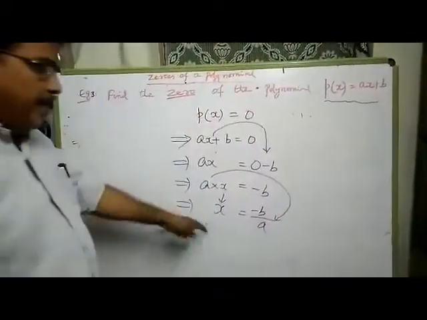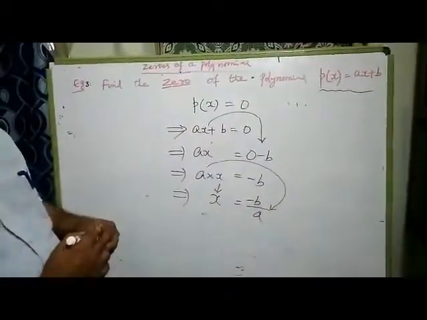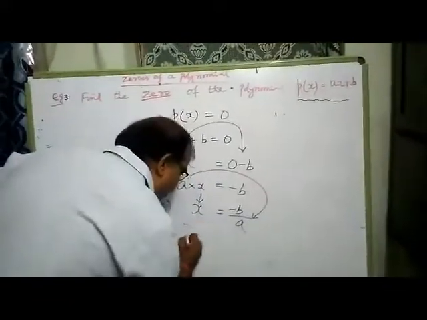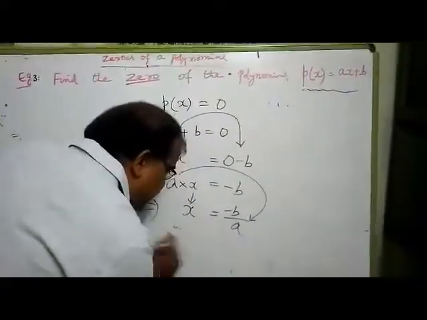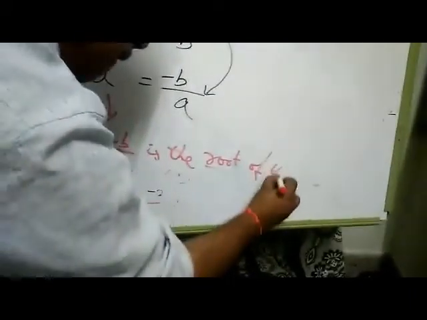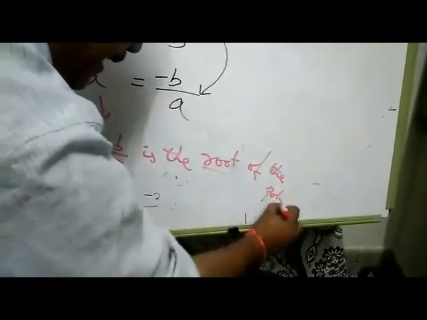That's why x is equal to minus b by a is the root of the polynomial. X is equal to minus b by a is the zero, or root, of the polynomial. Directly, x is equal to minus b by a is the root of the polynomial.